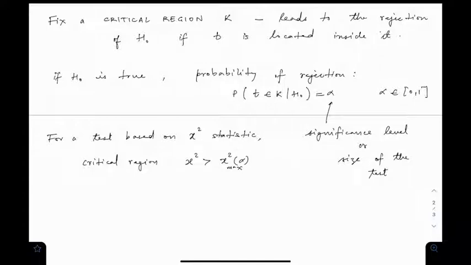And chi-square max fixes the range of the critical region. And to compute rejection probabilities, we have to compute the probability distribution function of the test statistic. In some cases it is known, but in other cases it has to be obtained by a Monte Carlo simulation.